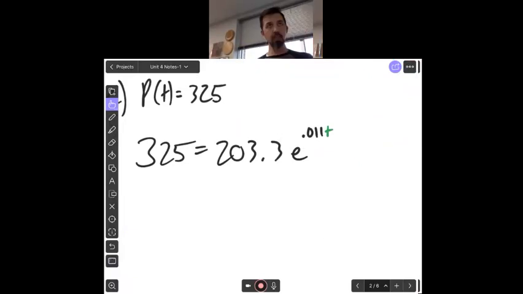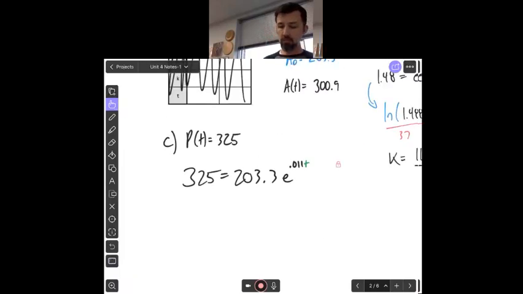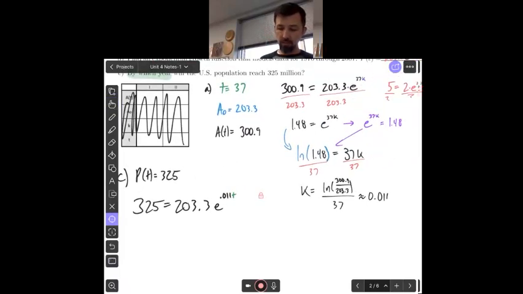And if you look at this equation, guys, it's essentially the same equation we solved for in part A. Some number equals 203 times e to some power. Our job was to solve for part of that power, which is what our job was up here. The steps we did here are going to be the exact same steps we do here, just because the numbers are going to be different. That's it. So we can follow right along with this.